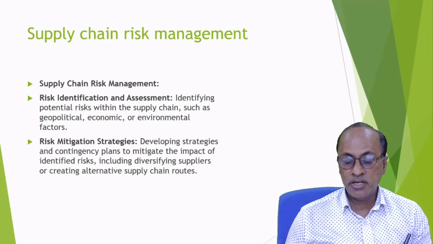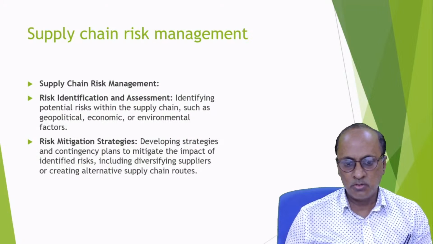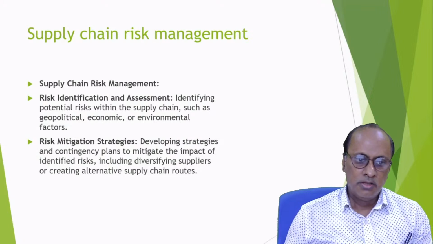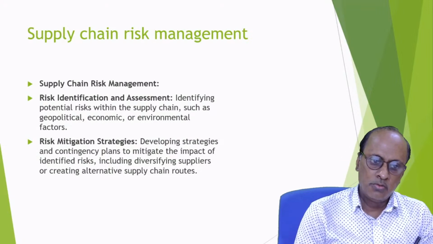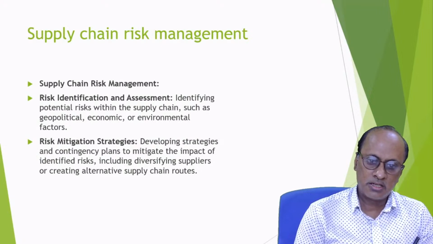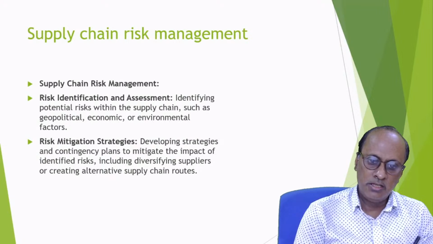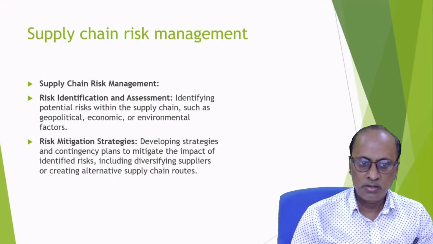You should develop strategies or contingency plans to mitigate the impact of identified risks, including diversifying the suppliers and creating alternative supply chain routes. So, supply chain risk management is another growth area which identifies or assesses the potential risk, and once the risks are identified, then it goes for risk mitigation strategies.